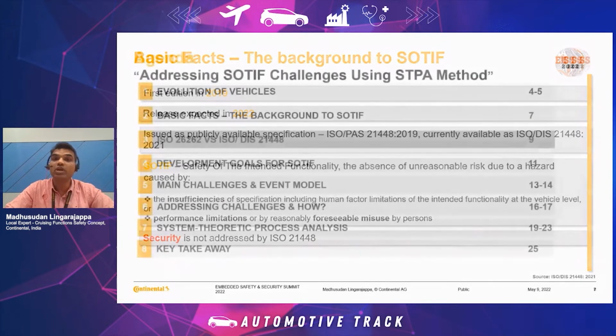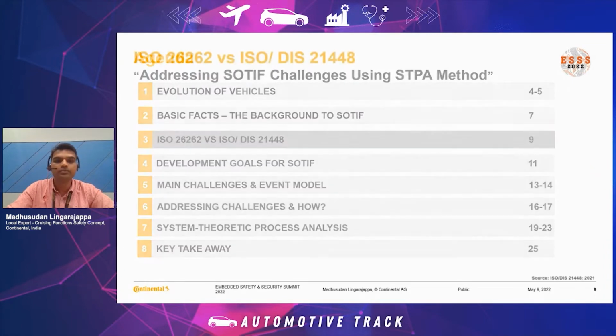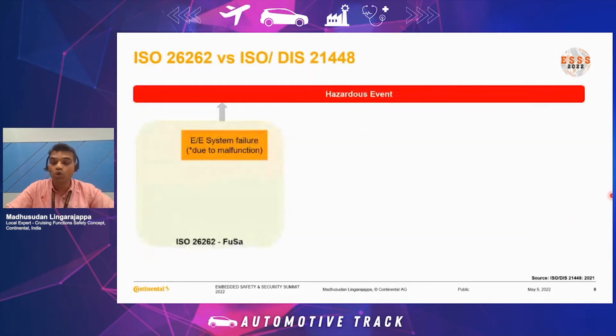Next, we will see what the main differences are between the ISO 26262 functional safety standard and the ISO/DIS 21448 SOTIF standard. As we all know, the ISO 26262 functional safety standard addresses the hazards which are caused due to malfunctions and which lead to EE system failure.